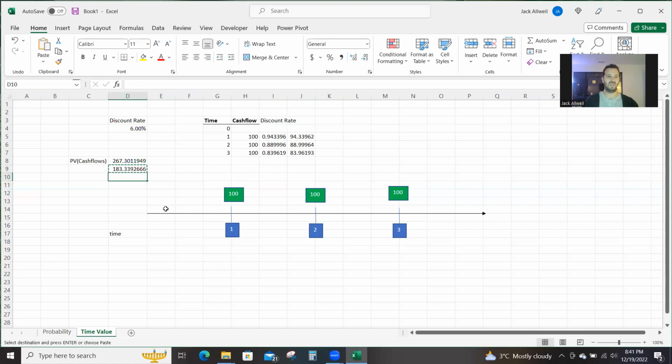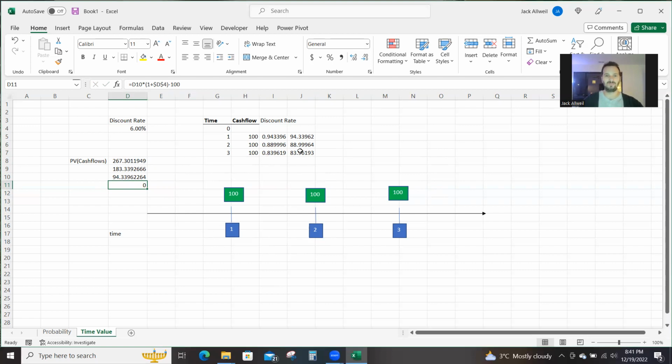And then we do it again. And then we do it again. It should be exactly 0. So we roll this 267 forward, chop off 100, roll it forward, chop off 100, roll it forward, chop off 100. It's exactly 0. So that's another way to think about it.